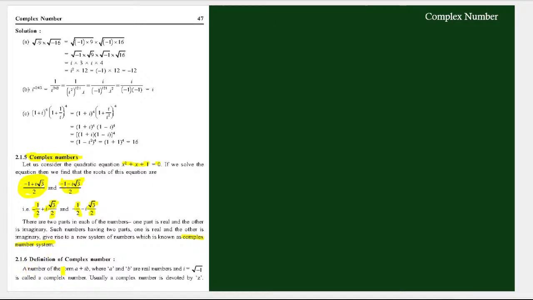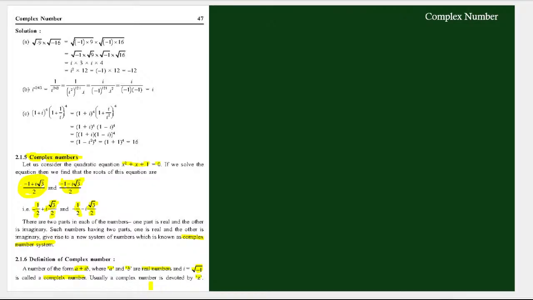So now if a number is written in this form, a plus ib, where a and b are real numbers and this i is root over minus 1, then this number will be called your complex number, and it is written by small z.